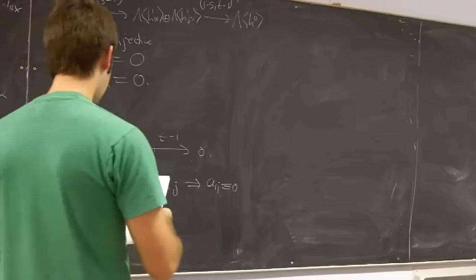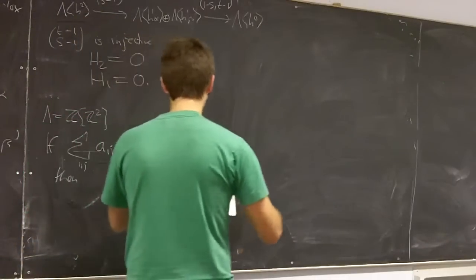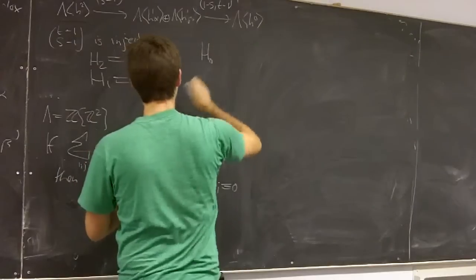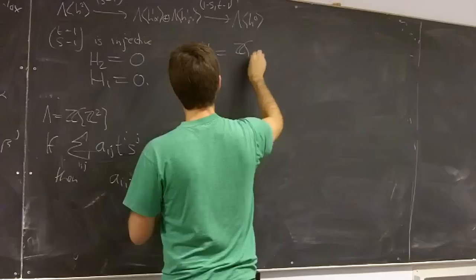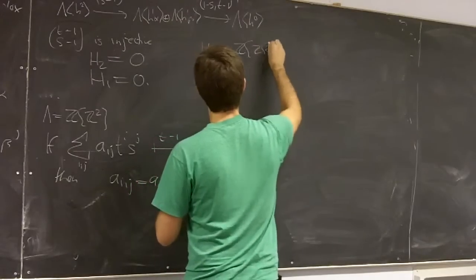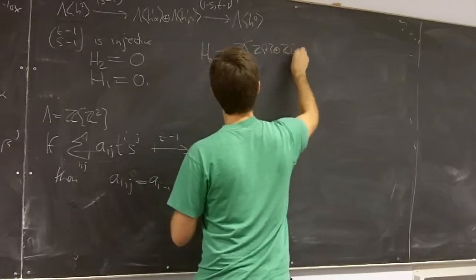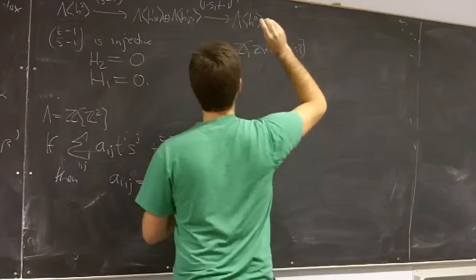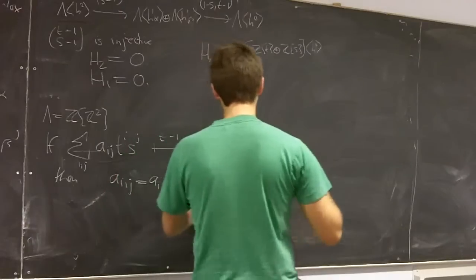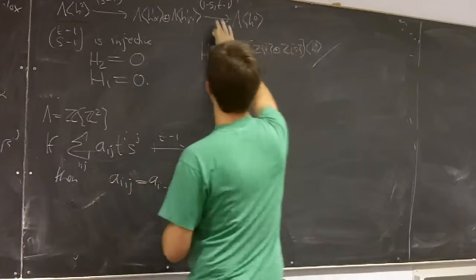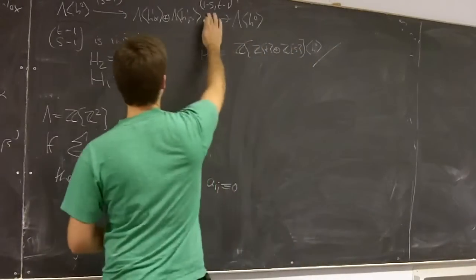So the only case of slight interest is h0. Well, h0 is going to be z generated by t plus z generated by s, all generated by h0, quotiented out by the image of this. Well, what's the image of this?